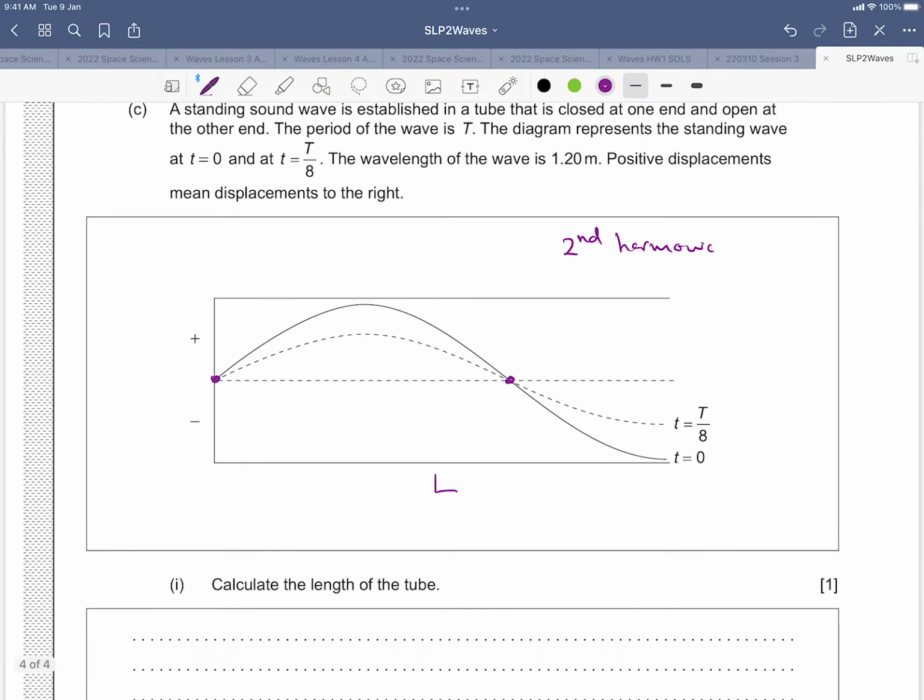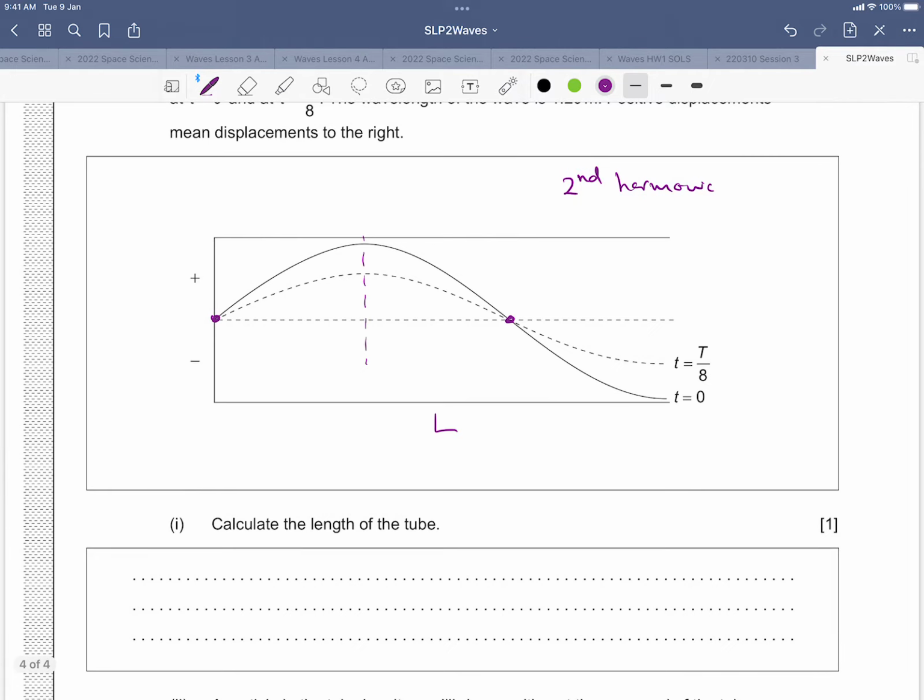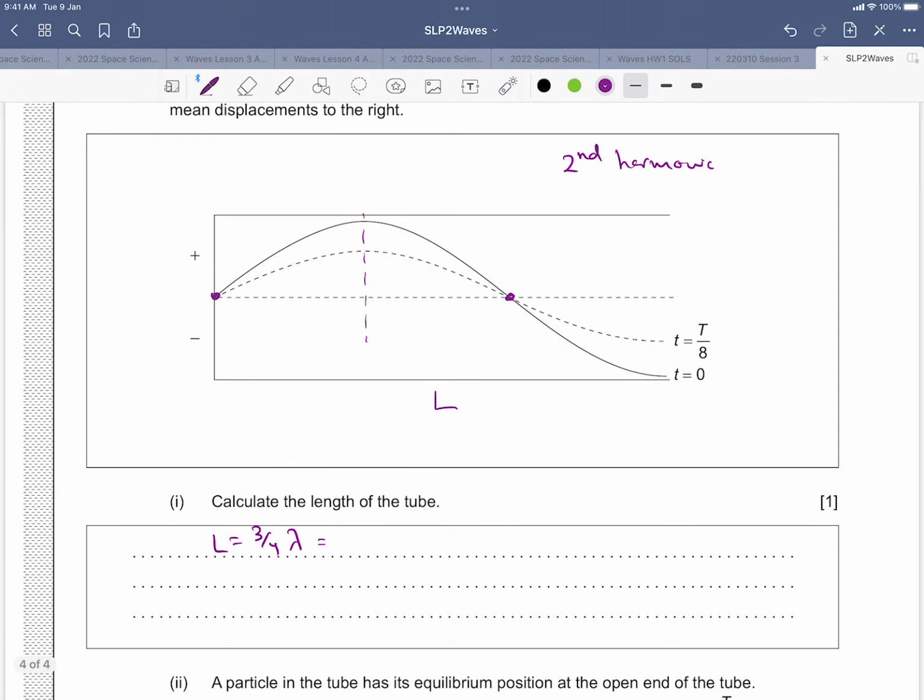And you can see that this is 3/4 of a wavelength, right? So the whole length L is 3/4 of the wavelength. And they gave us the wavelength 1.2. So we get the answer 0.9 meters.